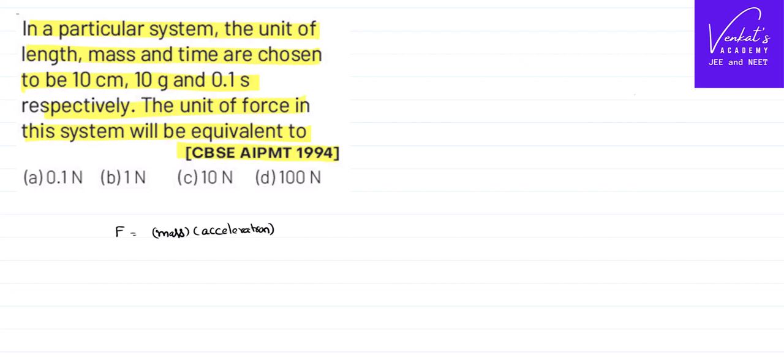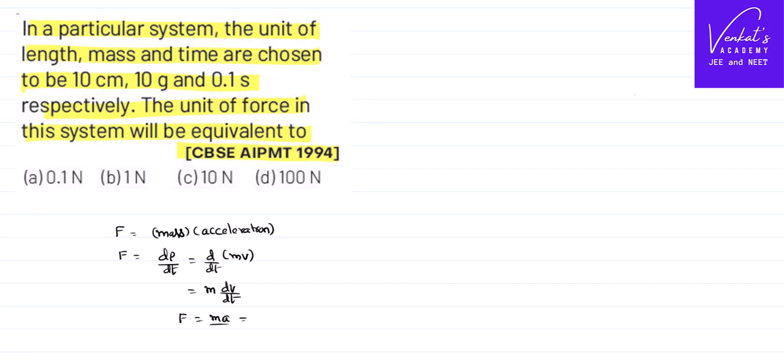In fact, the actual definition, which may not be necessary here, is force as rate of change of momentum, and momentum is the product of mass and velocity. Generally mass is constant, so m can be written outside, m into dv by dt. Rate of change of velocity is called acceleration, from where you get force equal to mass into acceleration.